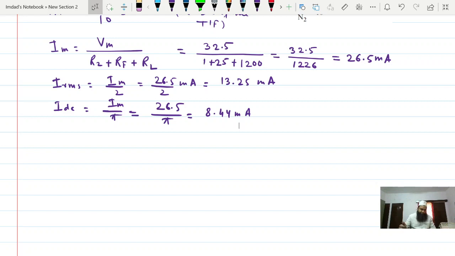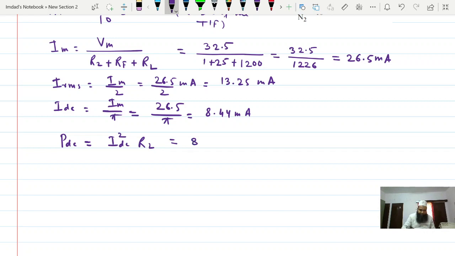We can calculate P DC equal to I DC square into RL.